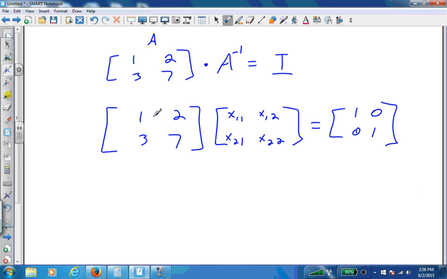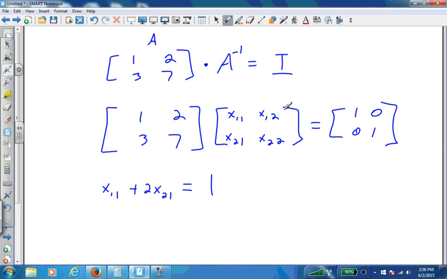Row 1, column 1 yields the first position, which has to give us 1.